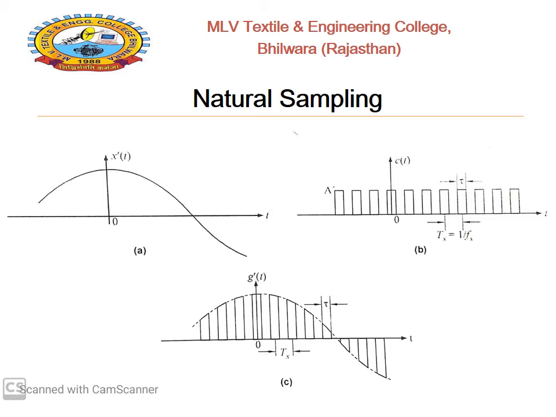When the continuous time signal is positive, the amplitude of the pulses increases. When the continuous time signal is decreasing, the amplitude of the pulses decreases, and the shape of the pulses changes according to the shape of the continuous time signal.